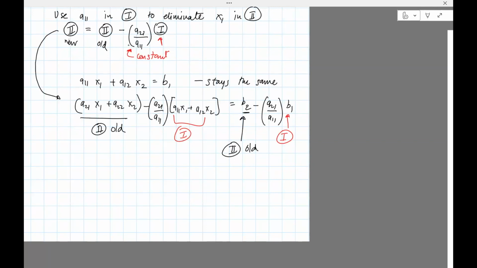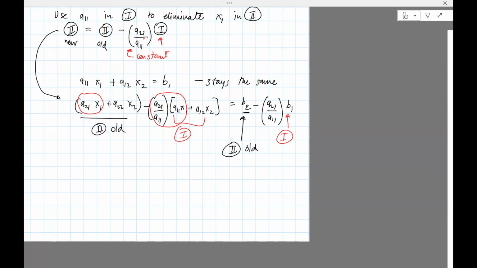So if you do this right, then you'll see that this coefficient a21 will cancel off with this. When you multiply it together, you'll see a11 canceling off.